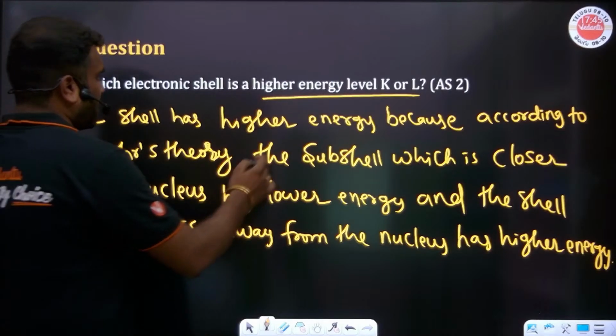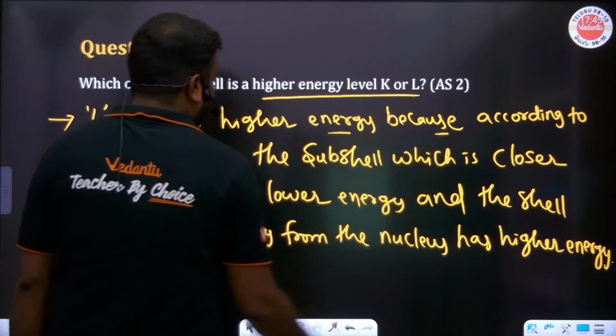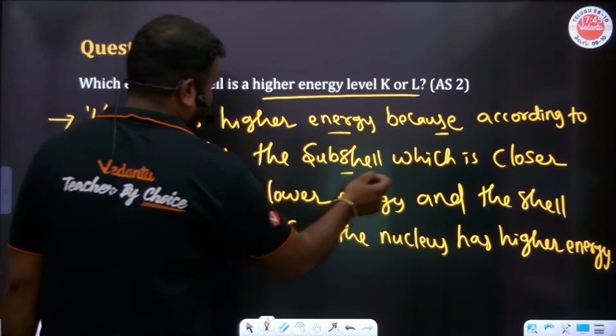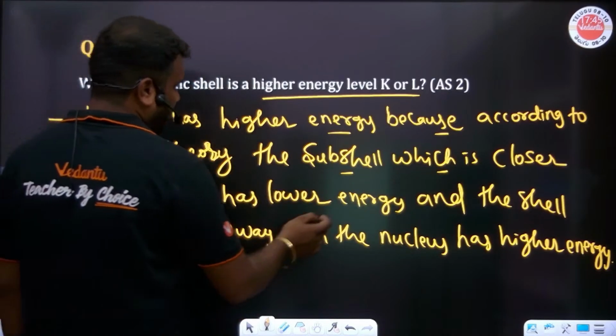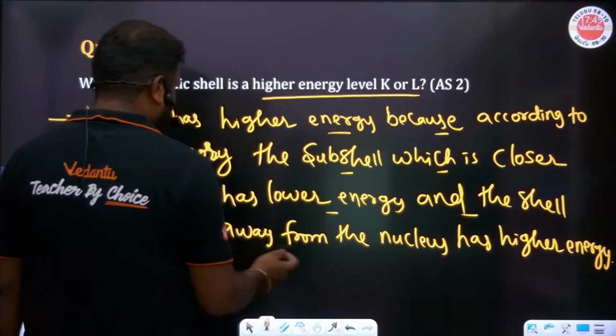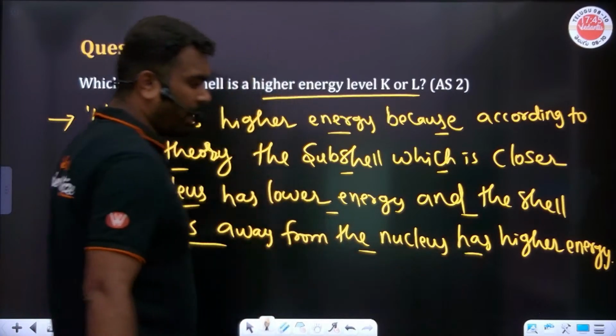So the L shell has higher energy, because according to Bohr's theory, the shell which is closer to the nucleus has lower energy, and the shell which is away from the nucleus has higher energy.